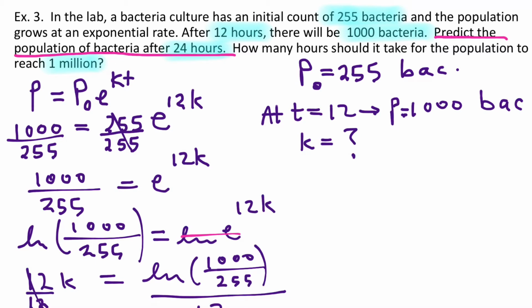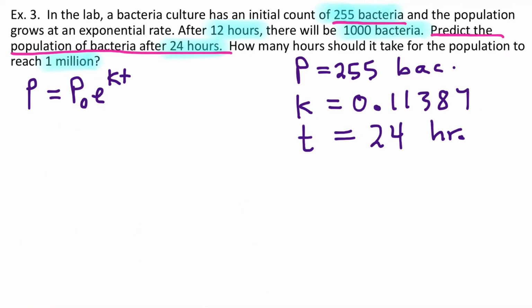We're going to use the same P0 because we're making the assumption in these kinds of problems that the rate is the same at any of the times. So if our P0 is still 255, our elapsed time would be, for that question, 24 hours, and we have the rate. So the only thing missing then is your P.